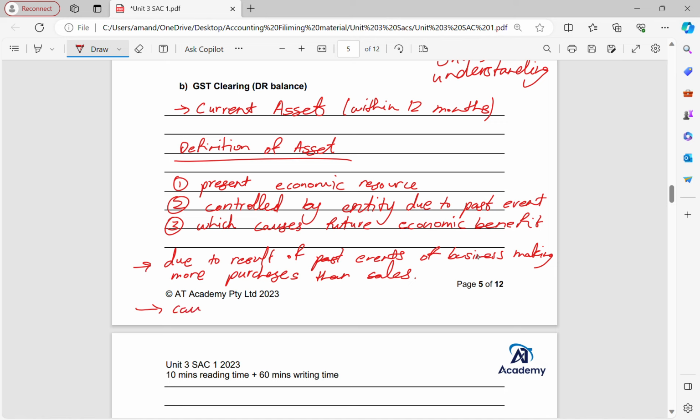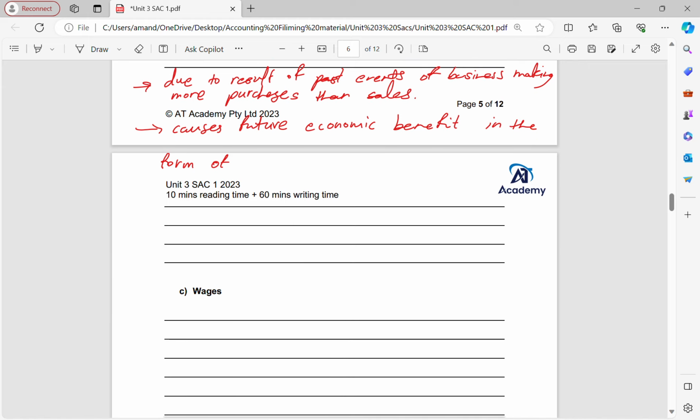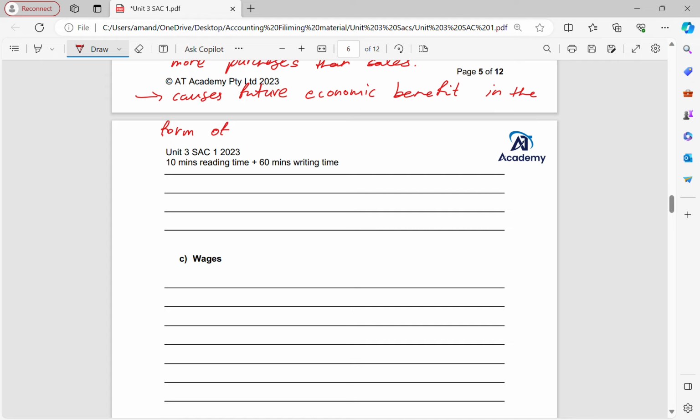So we can say it causes future economic benefit in the form of cash coming into the business when paid by the ATO within 12 months. So something like that should do the job.